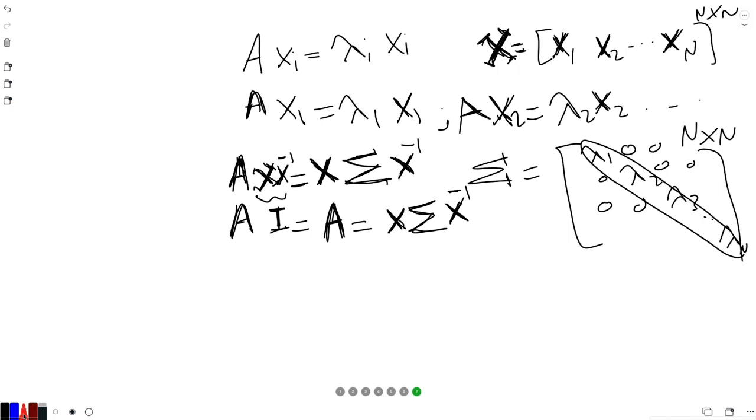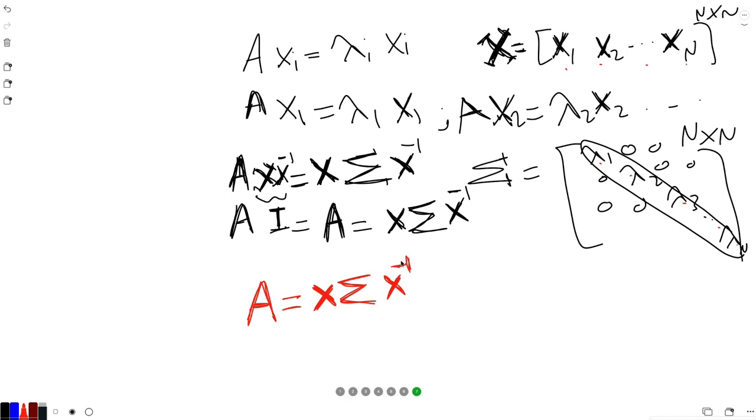So, if you allow me to write it in red color, any square matrix A could be decomposed to a matrix X, which is the matrix with eigenvectors, times a diagonal matrix, and this diagonal matrix contains eigenvalues and the other elements equal to 0, times the inverse of this X.